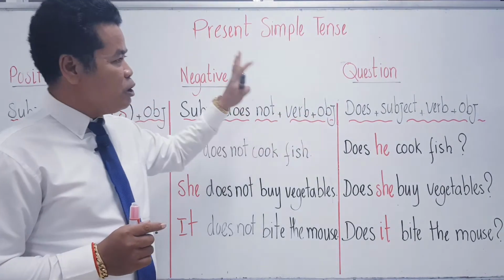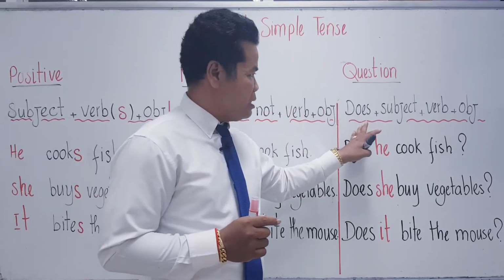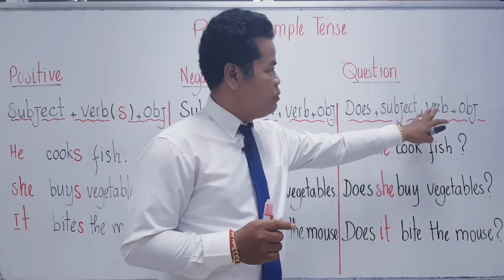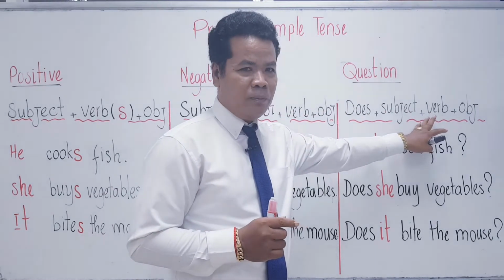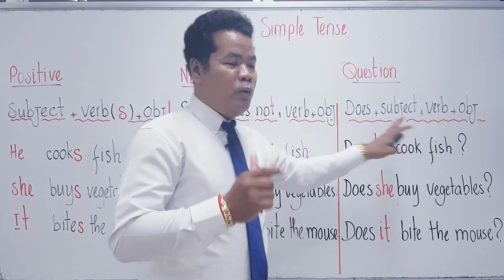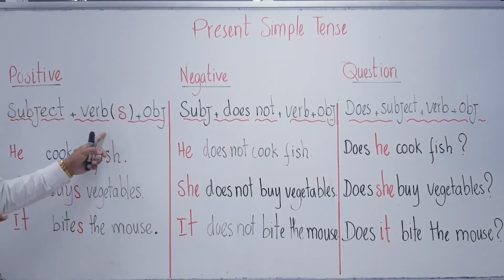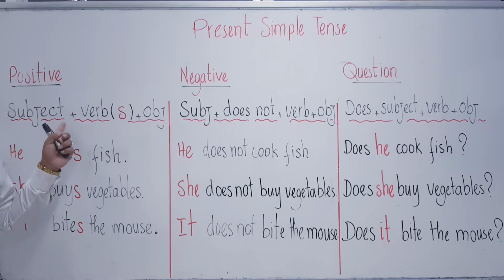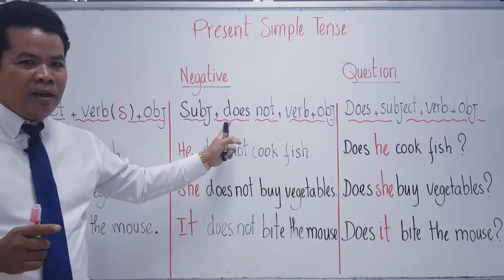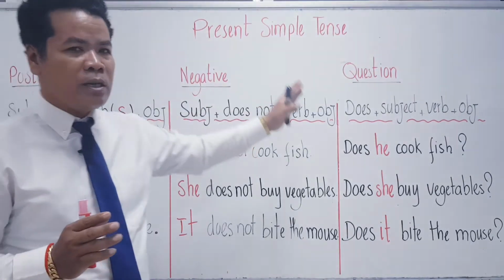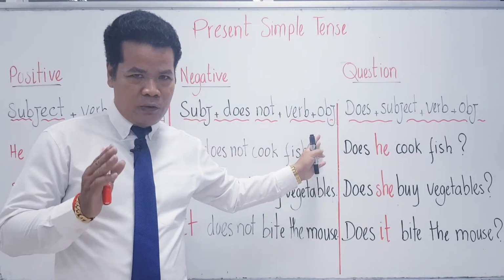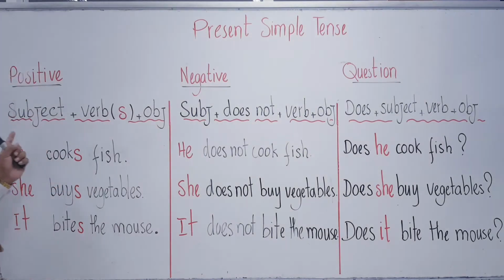When we go to question, we use does plus subject plus verb, no S at the verb, and plus object. We only add S to the verb in the positive sentence. We do not add S to the negative, and we do not add S to the question. Alright? Just remember.